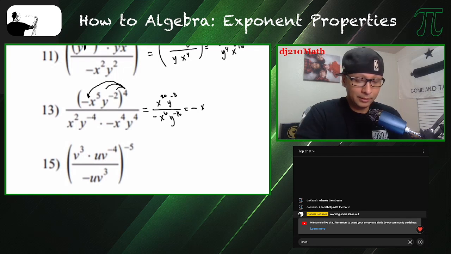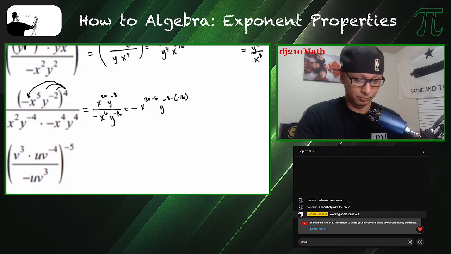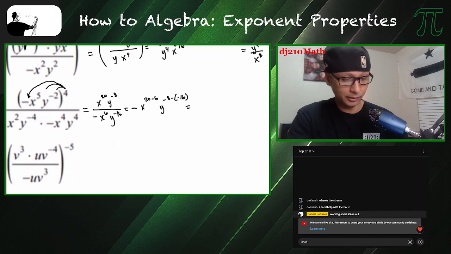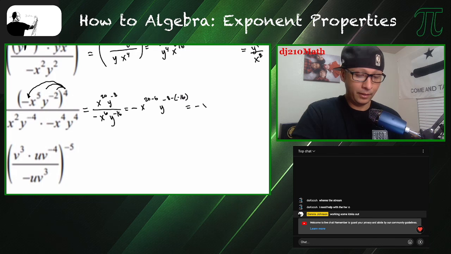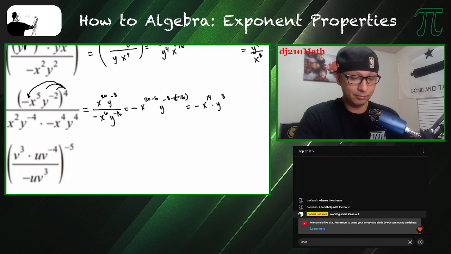We're going to get x^(20 minus 6). Y, we have to be careful here. Negative 8 minus negative 16. So this is going to be negative x to the 14th times y. So this is plus, so it's going to be positive 8. That one's not bad.